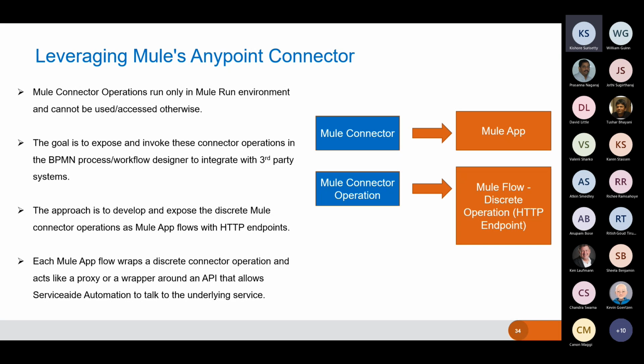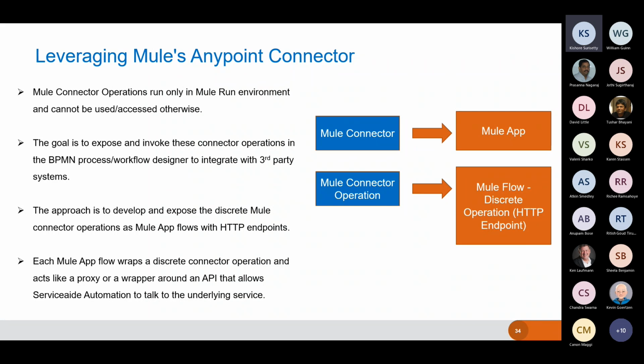The Mule connector will be exposed as a Mule app, and each connector operation that the Mule connector has will be exposed as a discrete operation, or a Mule flow, within that app project using an HTTP endpoint.